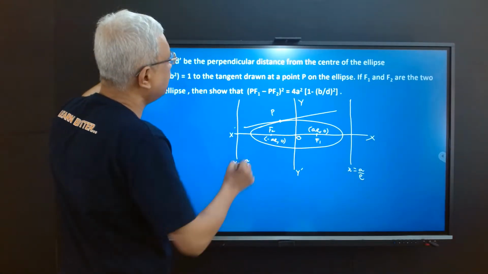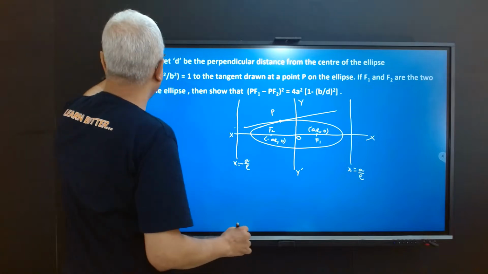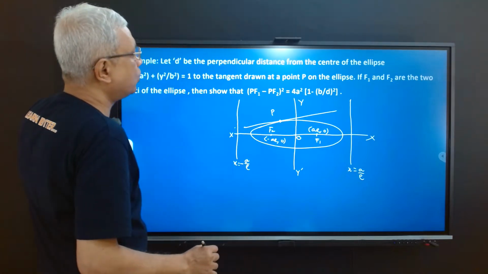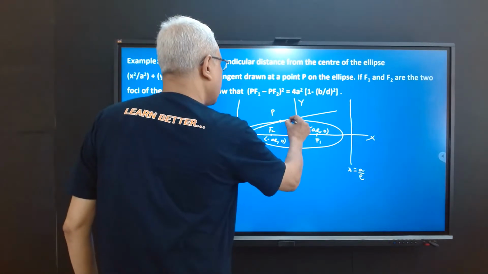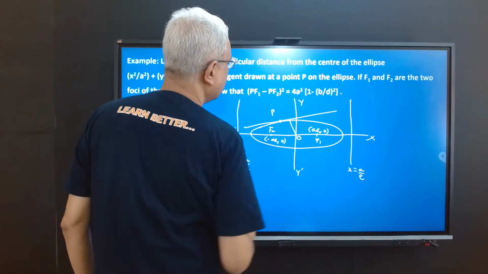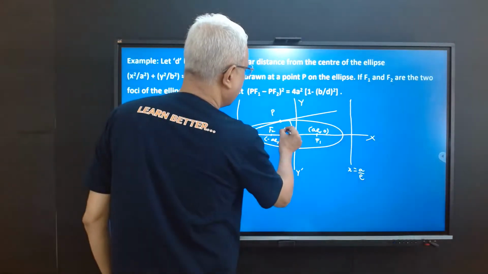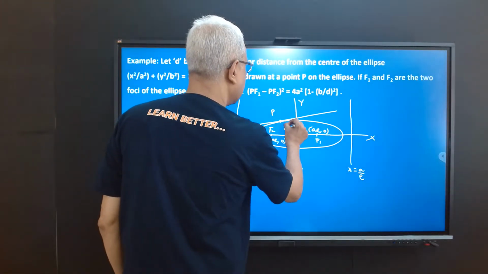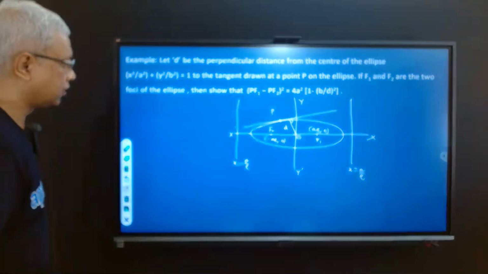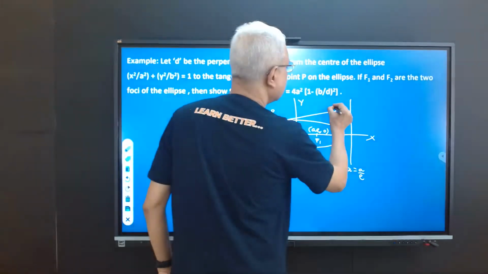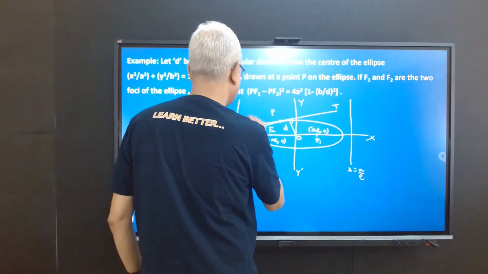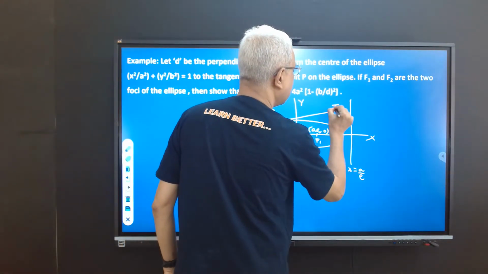D is the perpendicular distance from the center of the ellipse to the tangent drawn at point P. So this is D, while this angle is 90 degrees. So T1, T2, you can say, is the tangent.